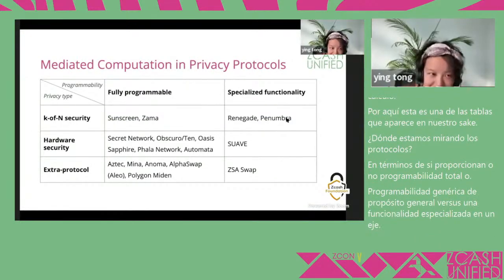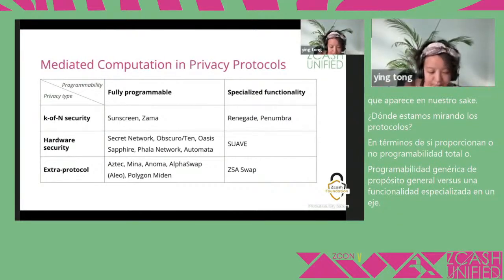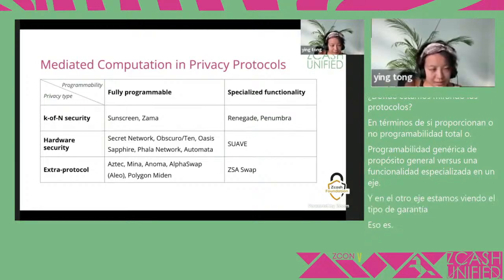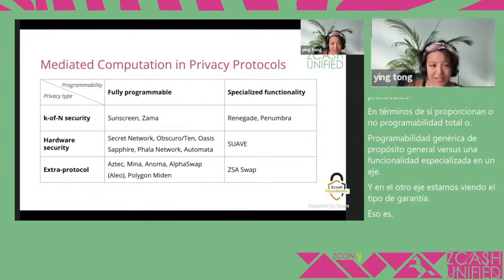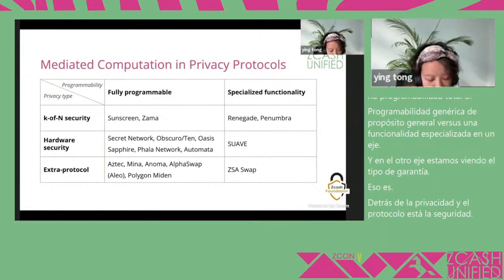And on the other axis, we're looking at the guarantees underlying the privacy in the protocol. So what are the security assumptions that the protocol is making in order to guarantee a level of privacy?